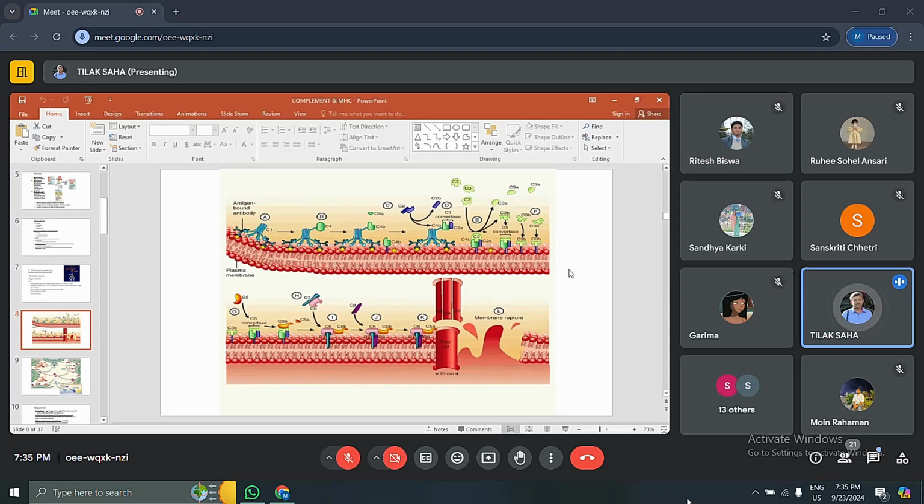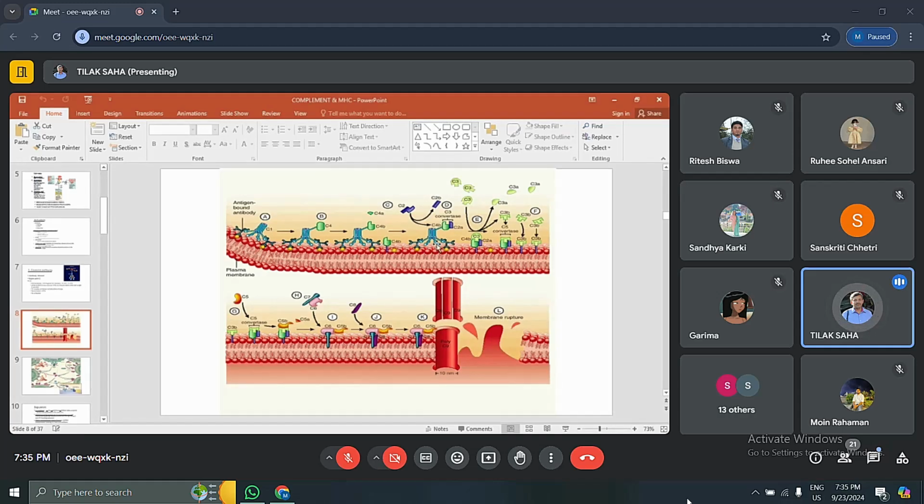Can you locate the C1q molecule in this figure? Anyone? It might be present on the left or right corner. Can you tell me where it is? I hope all of you can see that starting from the left corner, the C1q molecule has been represented. Can you locate that one?